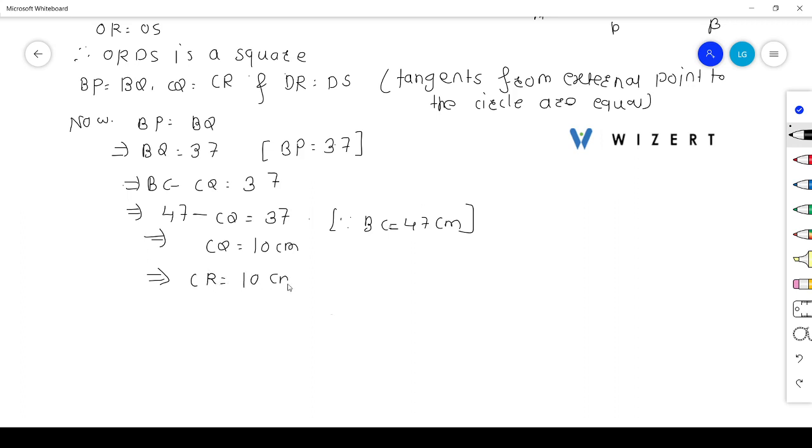So, CR is also 10 centimeters. CR is CD minus DR. So, it is 10 centimeters, as CD is given as 32 centimeters. So, 32 minus DR is 10 centimeters. So, DR will be 32 minus 10, which means 22 centimeters.